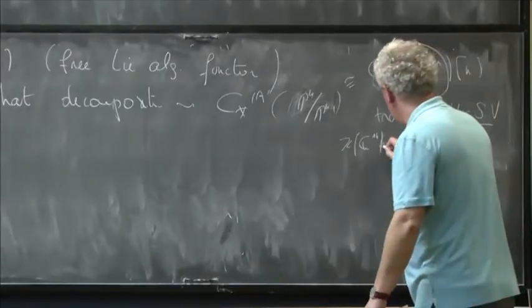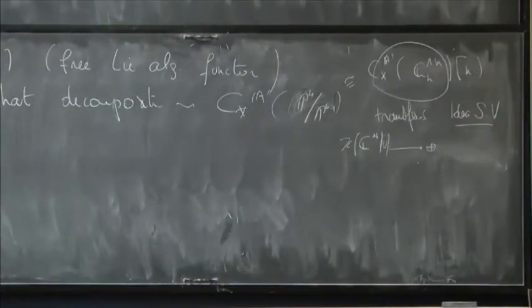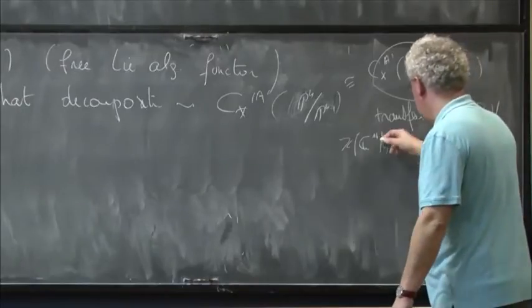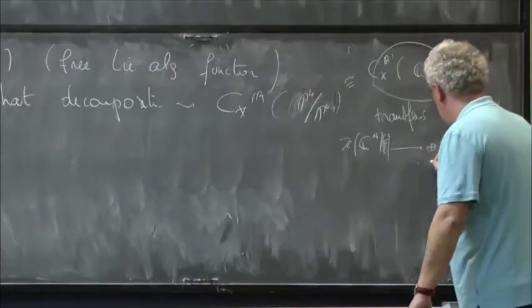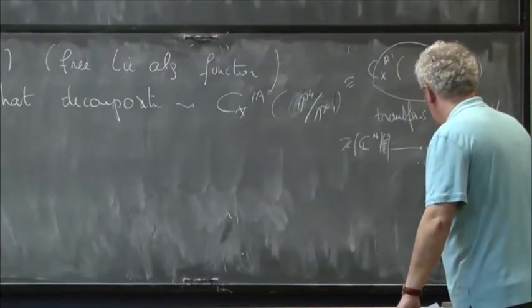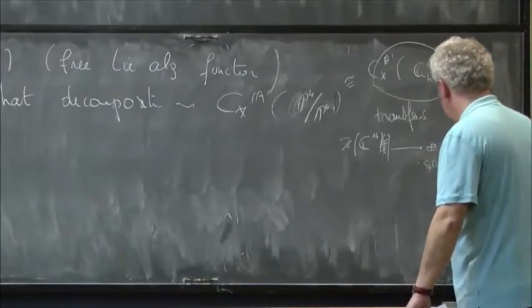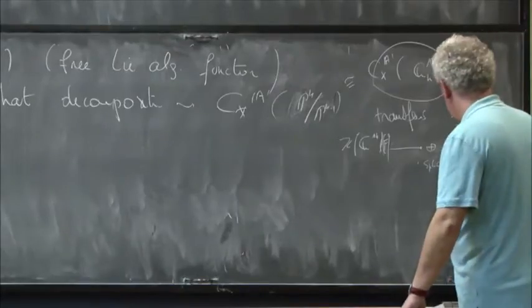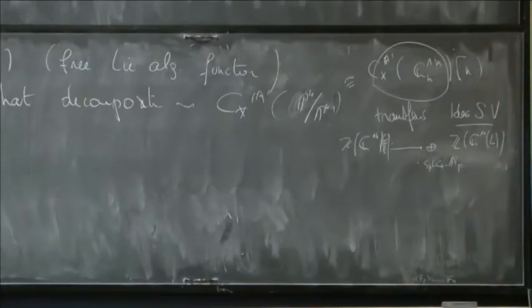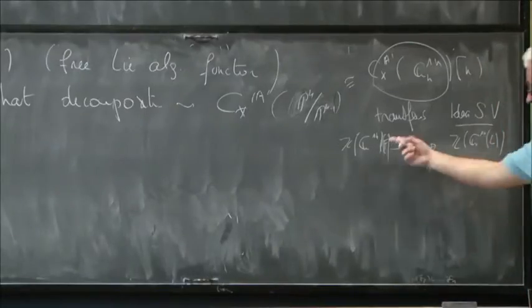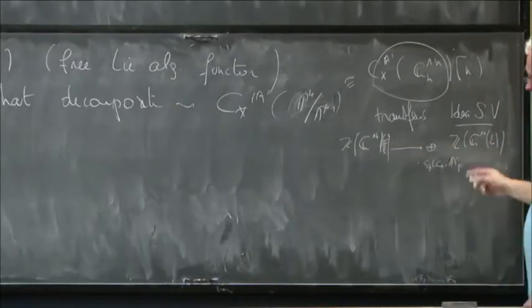So it maps a smooth variety, or maybe a field extension L, to the set of spec L in A1 over F of Z of GM smash N over L. So you have to prove that you can turn this into a sheaf, and this is an A1 equivalence.